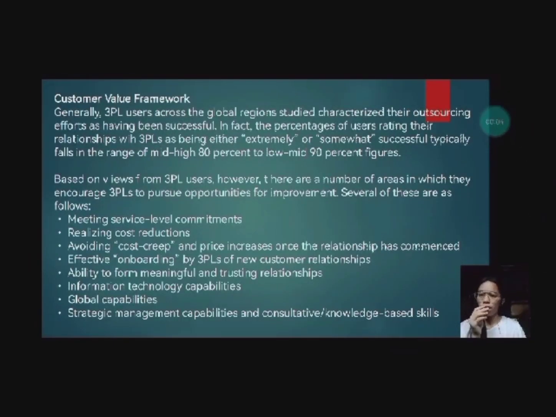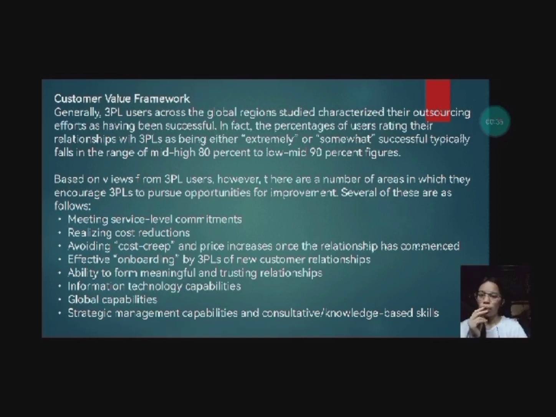Customer value framework. Generally, 3PL users across the global regions studied characterize their outsourcing efforts as having been successful. In fact, the percentage of users rating their relationship with 3PLs as being either extremely or somewhat successful typically falls in the range of mid-to-high 80% to low-to-mid 90% figures.